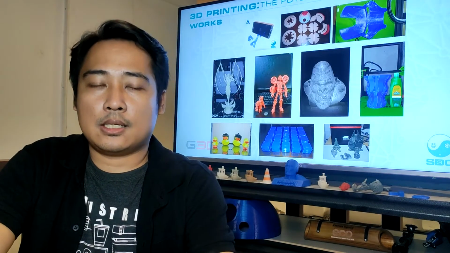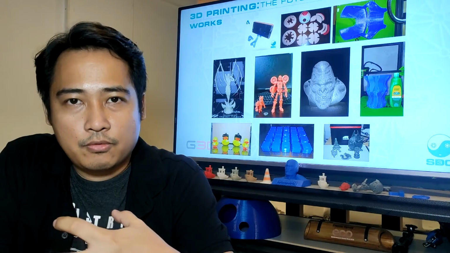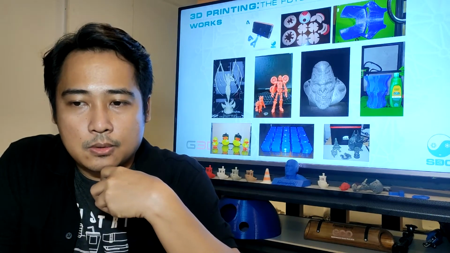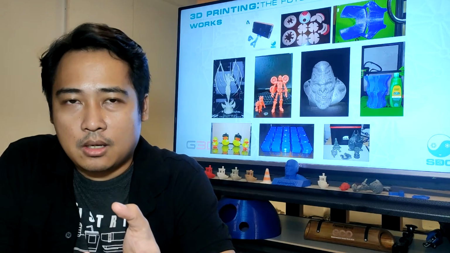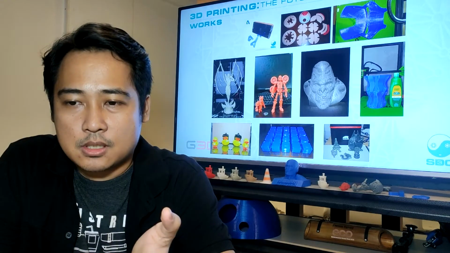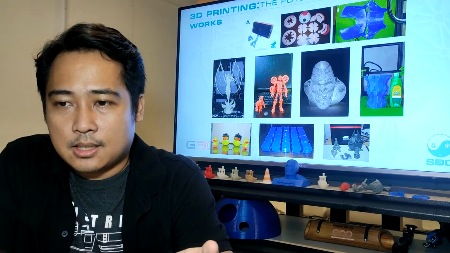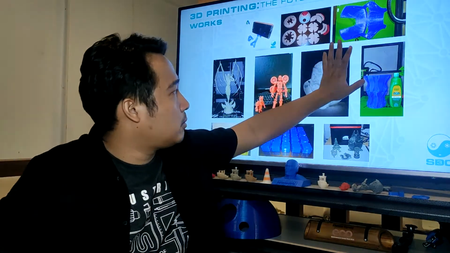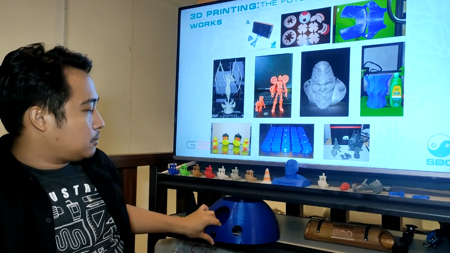So next are our works, some of what we print for our clients. Some of them are statues, some of them are from films. They use it for cosplays, like this one, Iron Man, then BB-8, like this one.